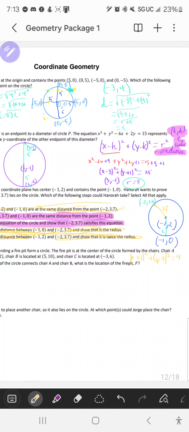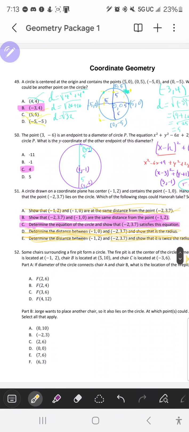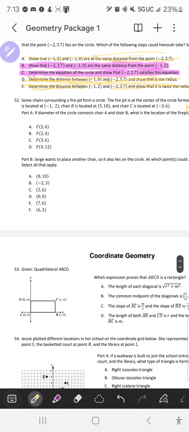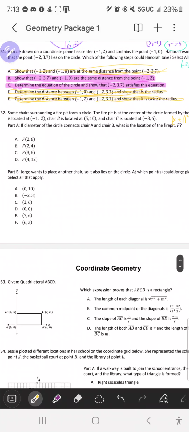Now give me 1 second, and then I'm going to do the last one, which will be 52. Now, some chairs surrounding a fire pit form a circle.